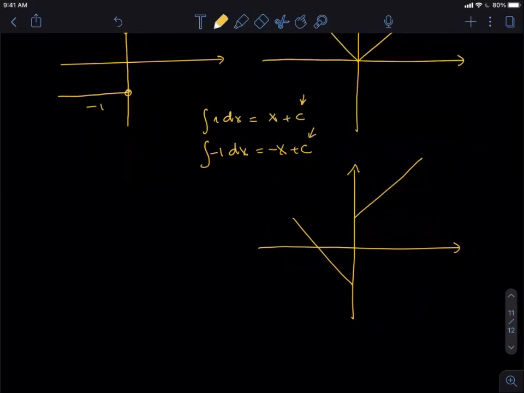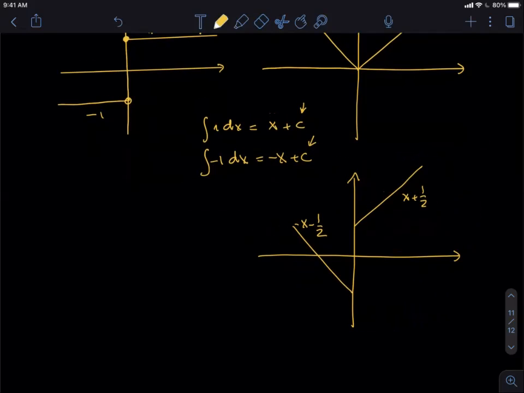Okay, we could take x plus 1/2, and minus x minus 1/2. Okay, both are possible antiderivatives.